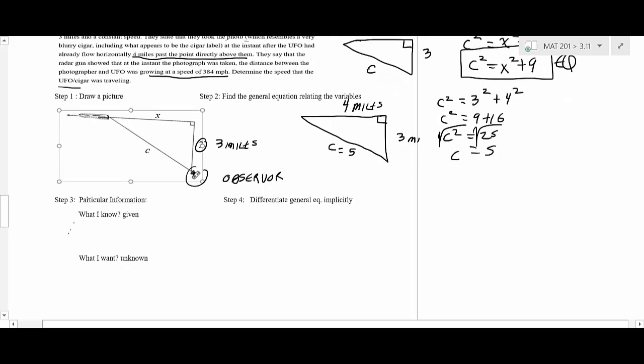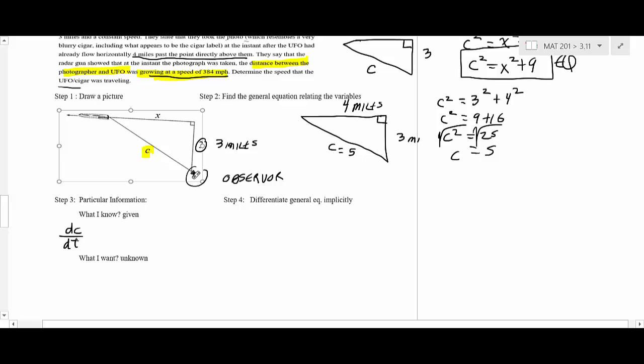First of all, it said that this is your rate right here. You've got to identify what rate this represents. If you read this, it says the distance between the photographer and the UFO. Which variable represents the distance between the photographer and the UFO? C. Good. So that means that rate is dc over dt.